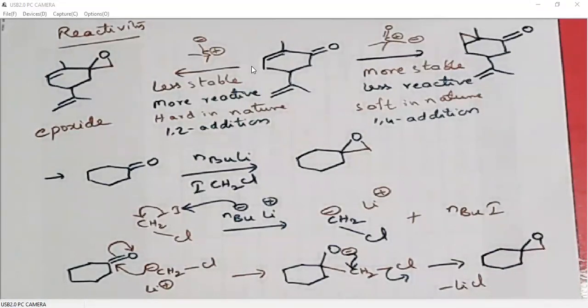This is how we can generate an epoxide from a ketone. When we treat a dihaloalkane with alkyl lithium reagents, a metal halogen exchange reaction takes place and generates a nucleophile. This nucleophile adds to the carbonyl, and after oxide addition and halide leaving, we get an epoxide.